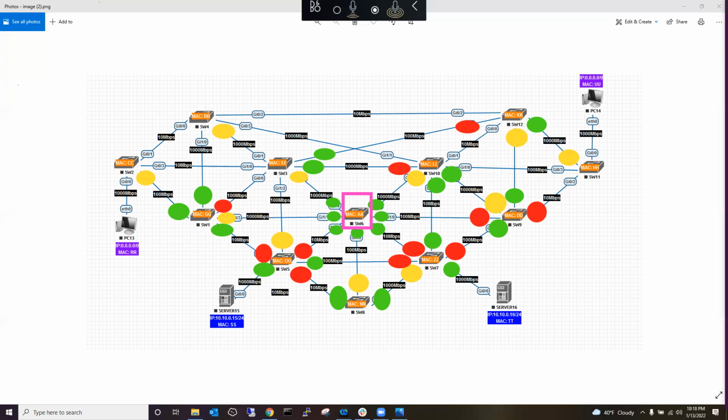Going towards 10. So from switch 12, going towards switch 10 is the fastest path to switch 9? Oh, no. Going from switch 12 to 9, and then 9 to 10.